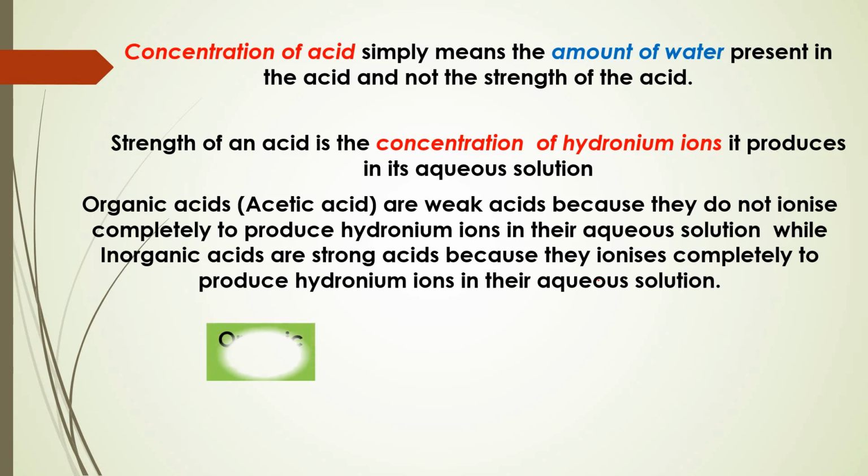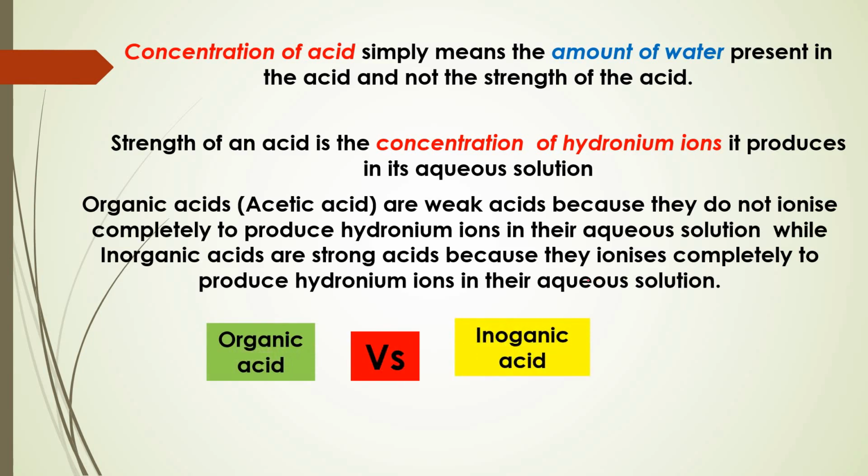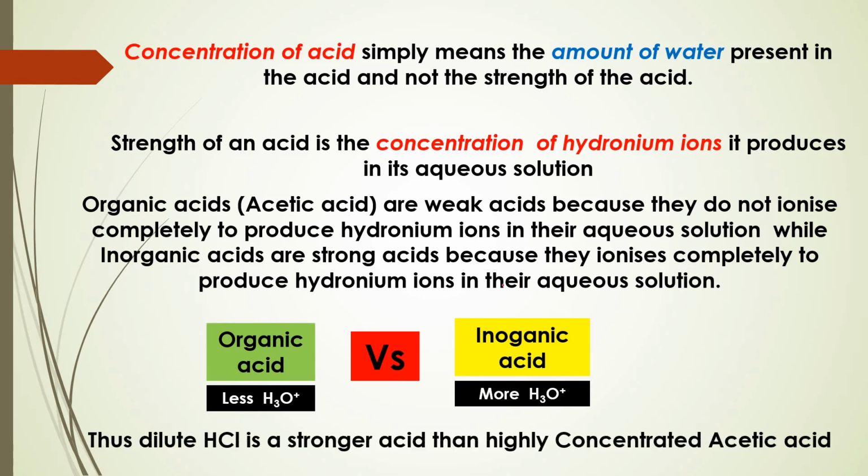So if you compare them, in organic acids we find fewer hydronium ions in the aqueous solution, whereas we find more hydronium ions in inorganic acids. And that is why dilute hydrochloric acid is a stronger acid than a highly concentrated weak acid, which proves that concentration does not tell us the strength of an acid.